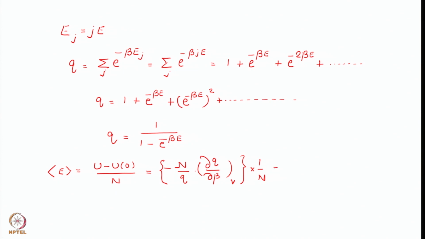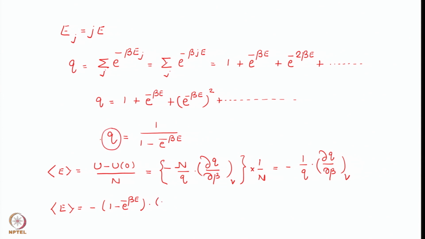This is U minus U0, and there is a 1 by N factor already there. So, mean energy per molecule is equal to minus 1 by Q times the derivative of this Q with respect to beta at constant volume.